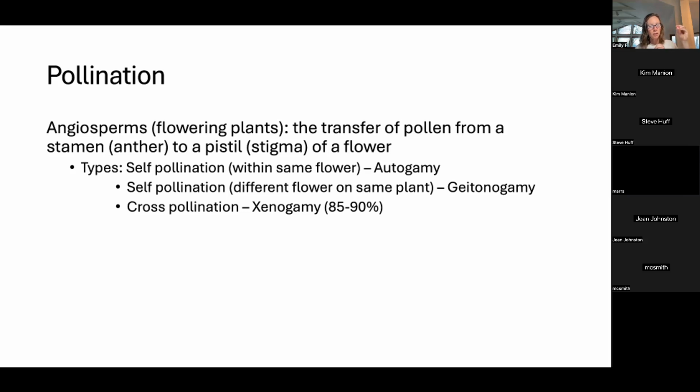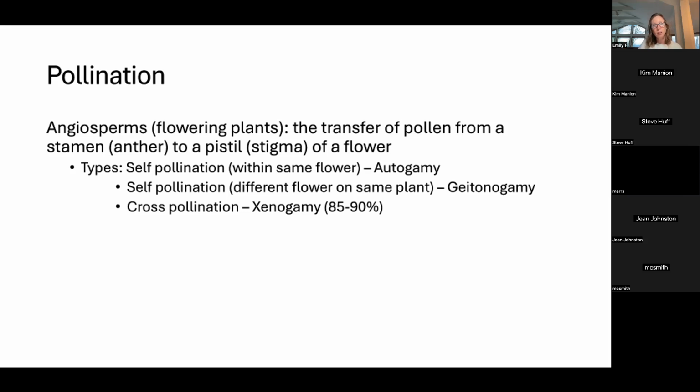Because if I am making a replica of myself every single time, there's a chance that I could be wiped out by one bug or one fungus or one unknown thing. So having that cross-pollination makes sure the genetics are all mixed up and allows different species to have some resistance to different things if there are any new things on the horizon that are attacking plants. And there's always things attacking plants. So it's important that they have this cross-pollination going on.